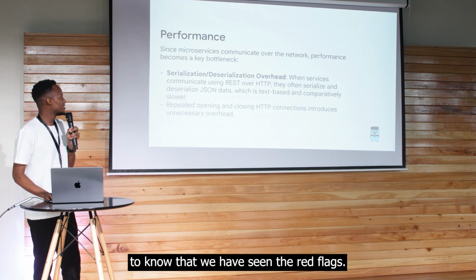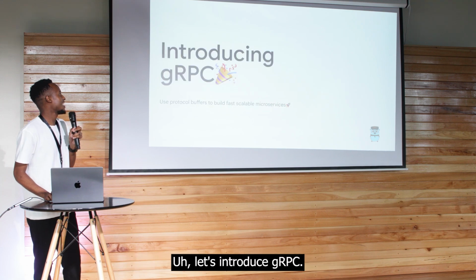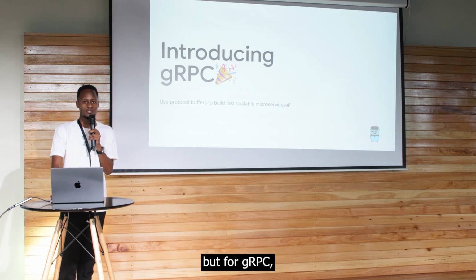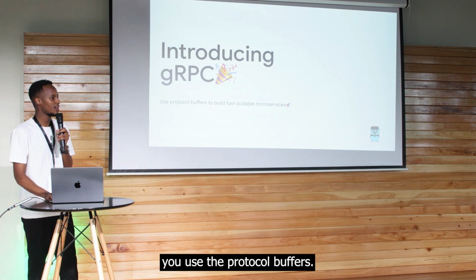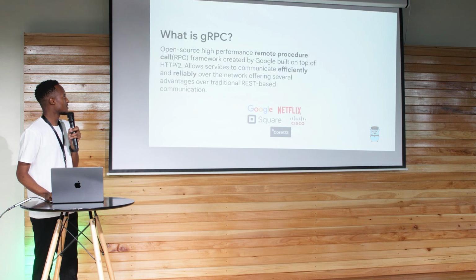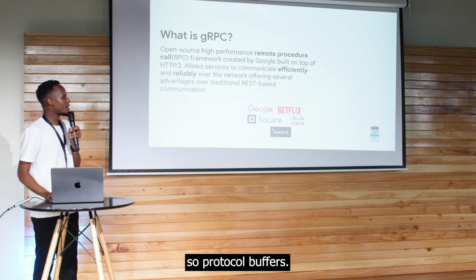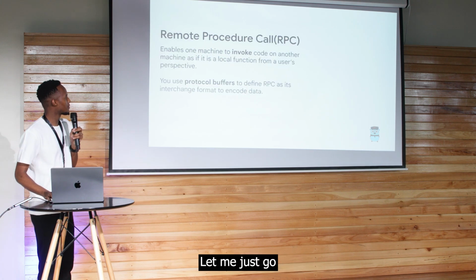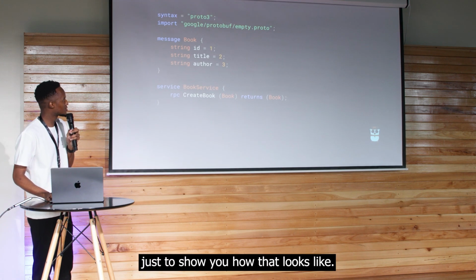So now that we have seen the red flags, let's introduce gRPC. In REST, you're used to using JSON, but for gRPC, you use protocol buffers. Unlike JSON, which is just text, let me show you how that looks.